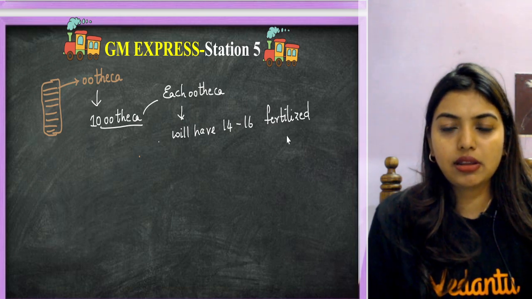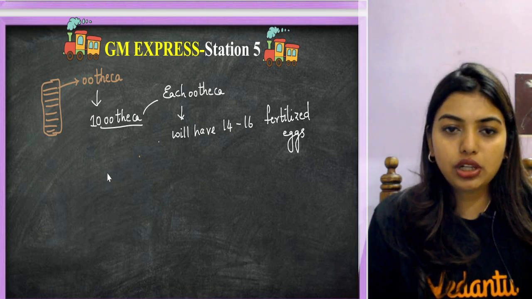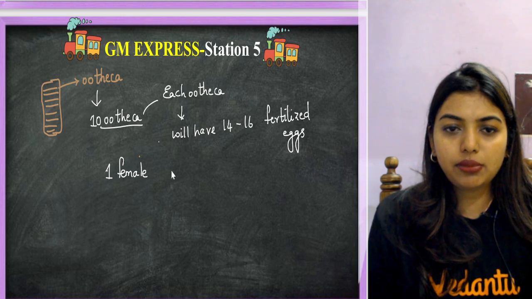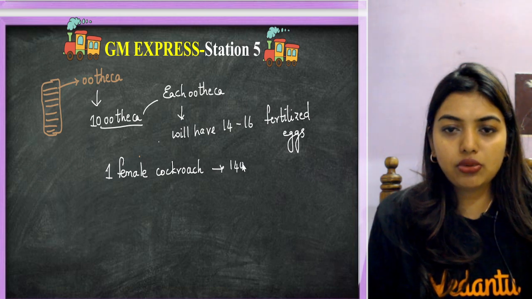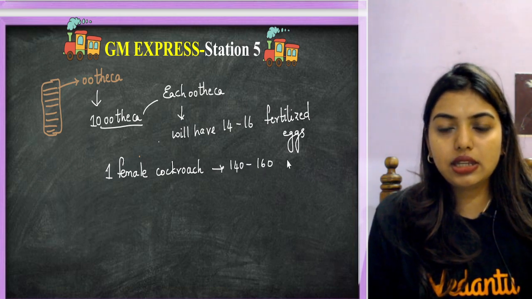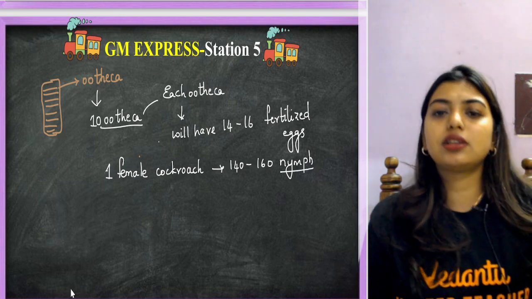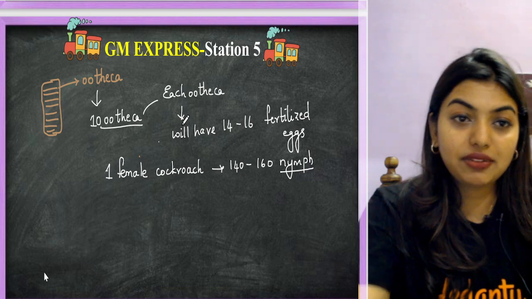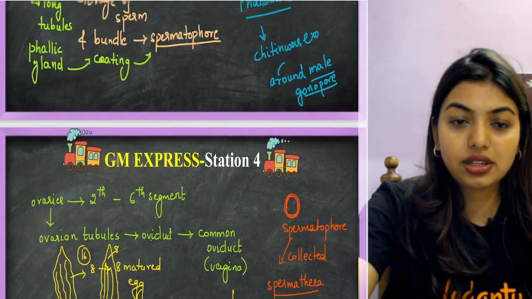That means one female cockroach will give rise to how much, students? Around 140 to 160 nymphs. Nymphs are these small cockroaches. Imagine 140 to 160 of them. Can you imagine?